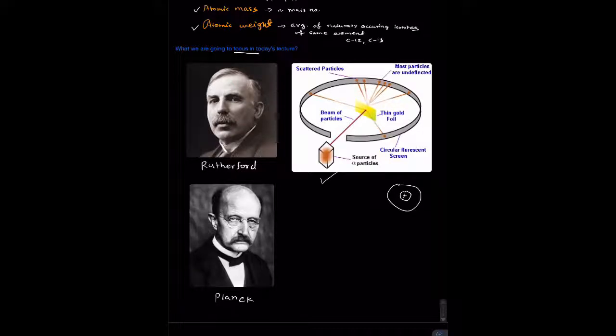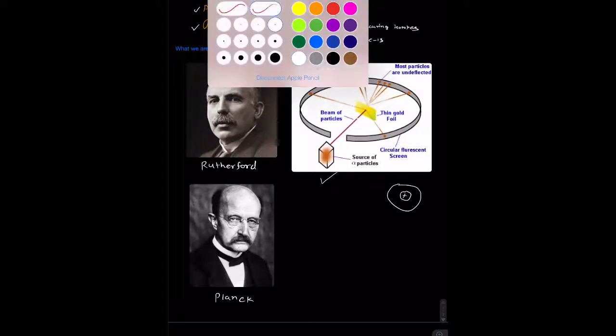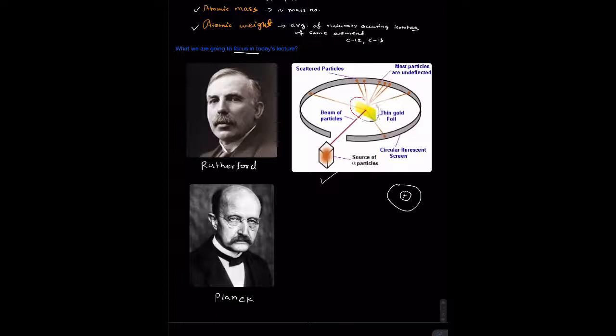He bombarded alpha particles through this gold foil, and some of the rays, these alpha particles, were deflected, as you can see, these scattered particles.